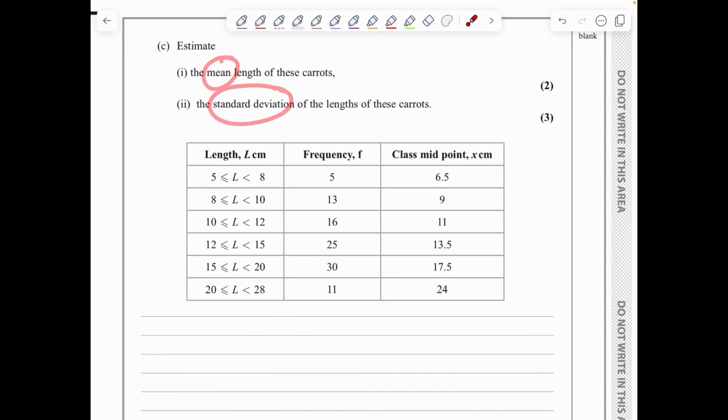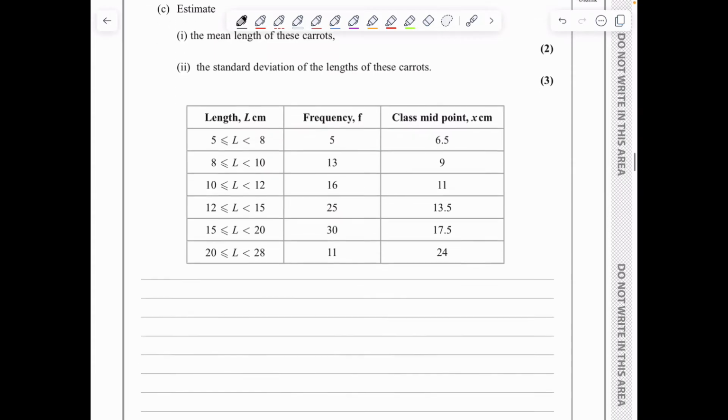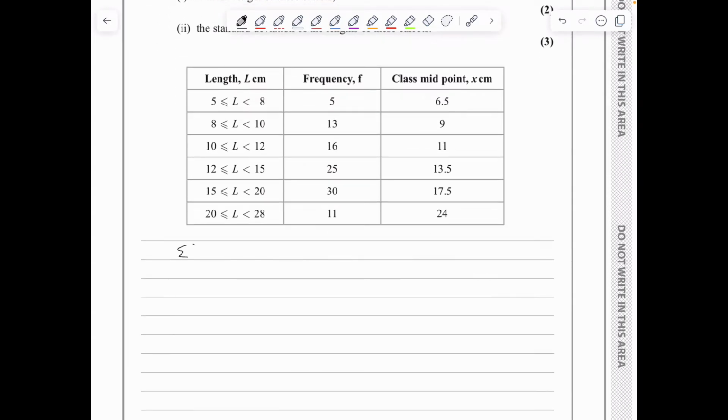Now, to do this, I'll be using the class midpoints provided in the table together with the frequencies to calculate the sum of fx, which simply means I'll be doing 5 times 6.5 plus 13 times 9 plus dot dot dot up to 11 times 24, which gives an answer of 1,452.